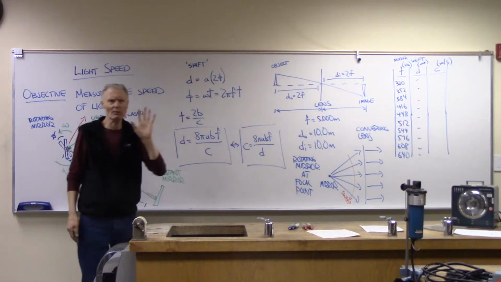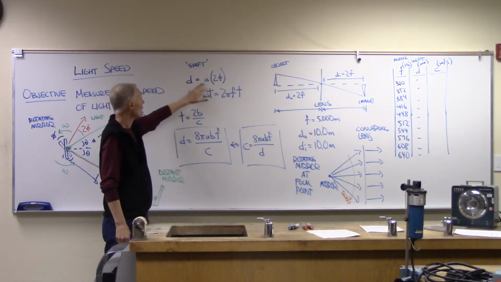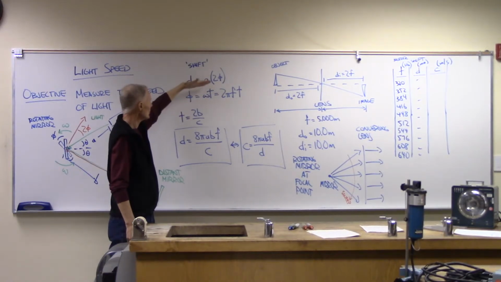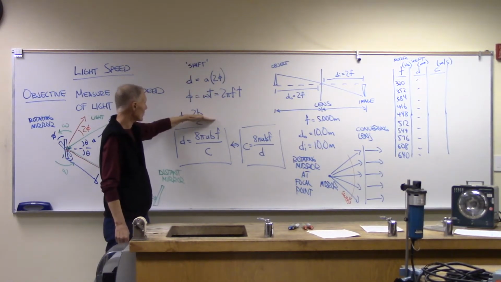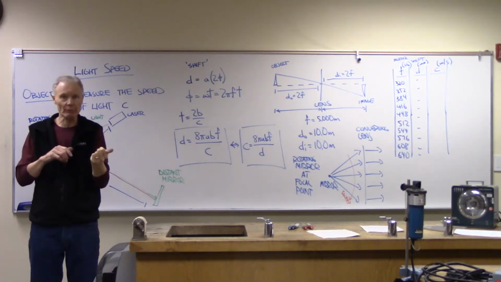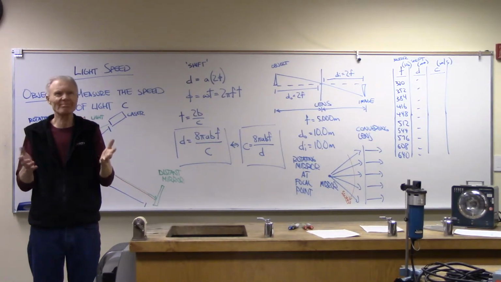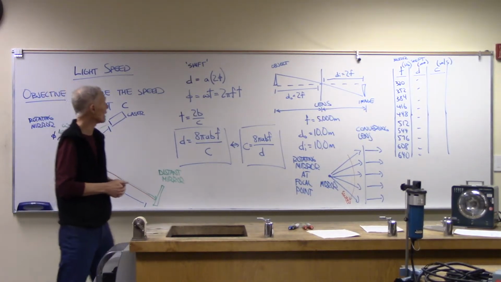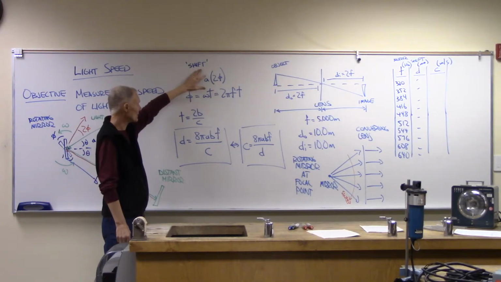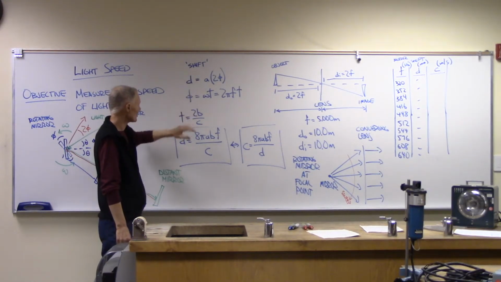Now that's such a small angle that can easily be written a times 2 phi. So putting all of those 3 pieces together, we make a prediction that there will be a shift in the return light, or a deflection. Maybe a shift is a better way to think about this. A shift distance given by multiplying all the factors together.